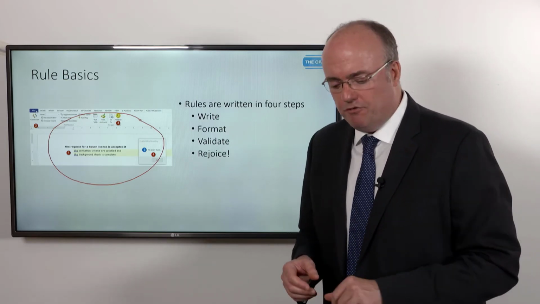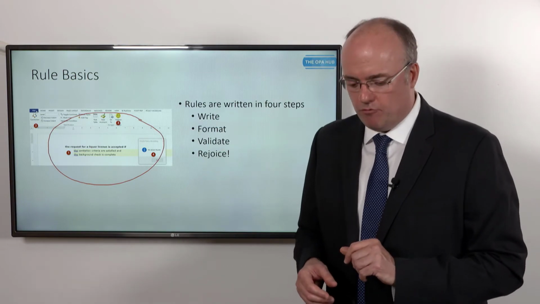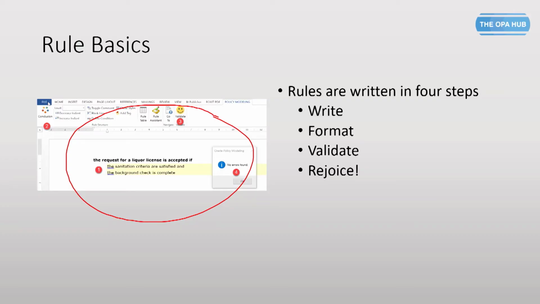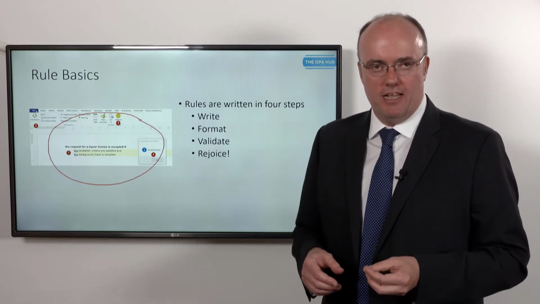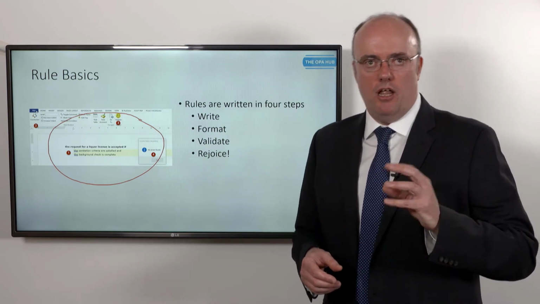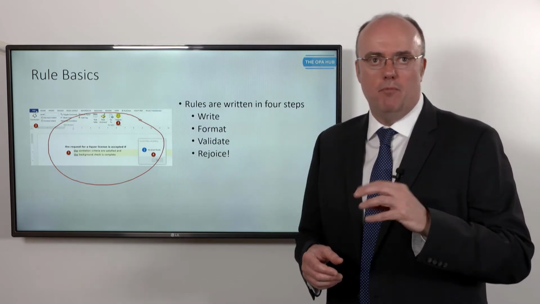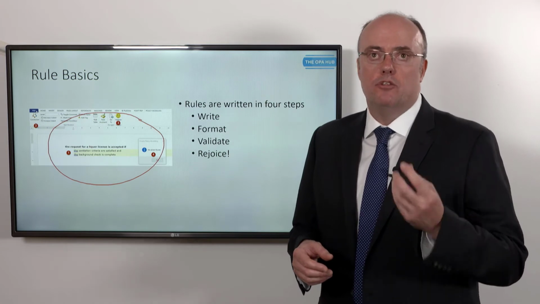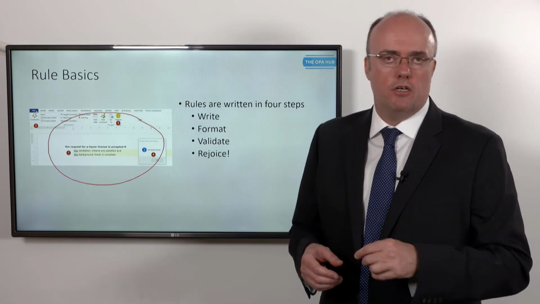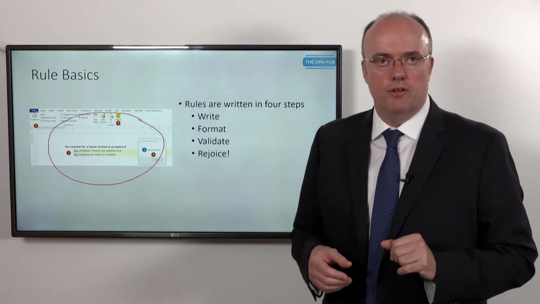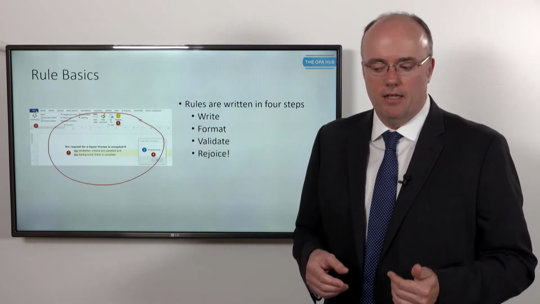I'm going to ask you to focus on what's written in that Word text for a moment. It says, the request for a liquor license is accepted if the verification, the sanitation criteria are satisfied and the background check is complete. You can probably tell by the structure of that sentence that there's an underlying way I'm explaining my advice. To put it more simply, there are two different colors in this Word document, the yellow and the black.